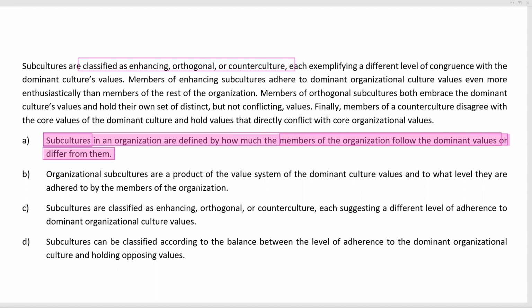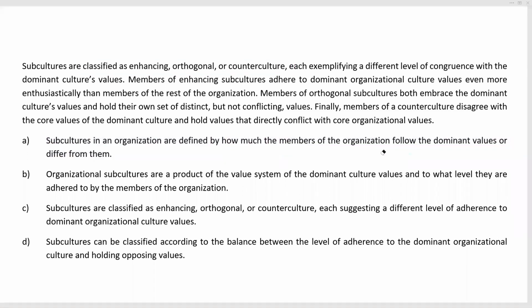Rather, how much the members follow or differ from the dominant values gives us the classification. It doesn't give us the definition of subcultures. So this is actually distorted. So A is incorrect.